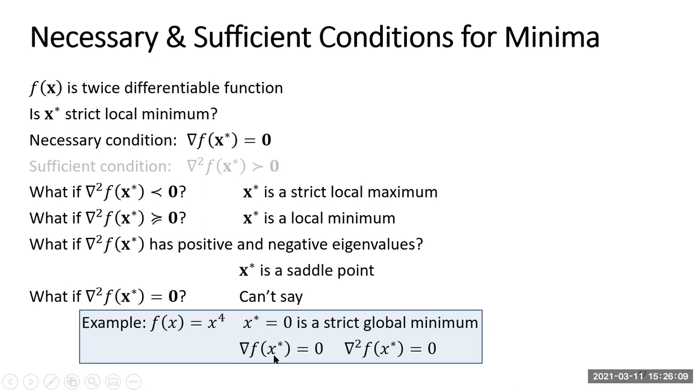But the derivative, which is 4x cubed, and the second derivative, which is 12x squared, are both zero at x star. So those are necessary conditions, but not sufficient. This is a necessary condition, and likewise, this is a necessary but not sufficient condition because we have equal to 0.